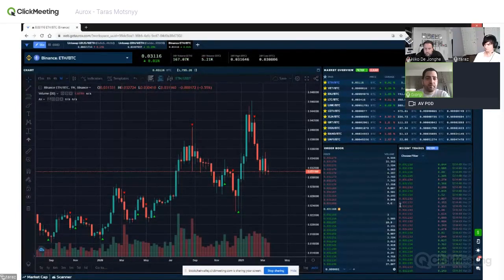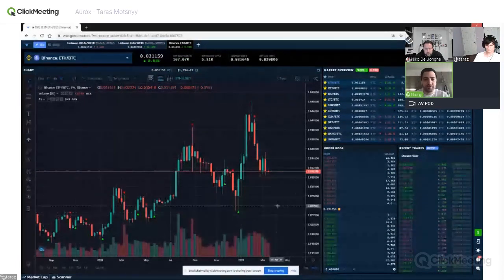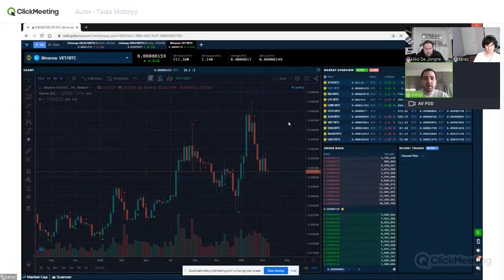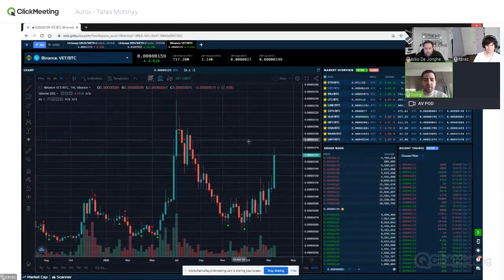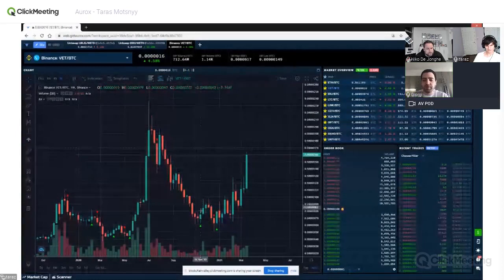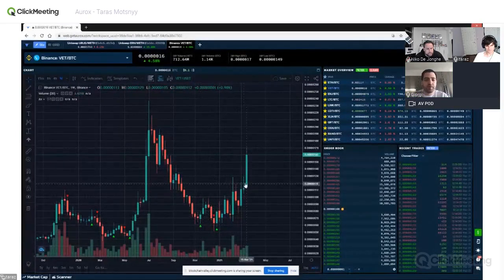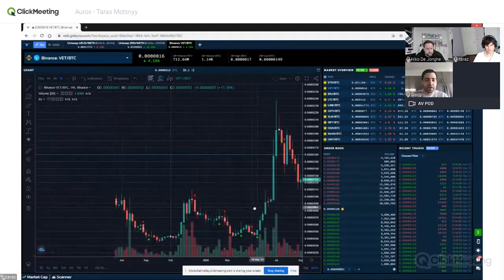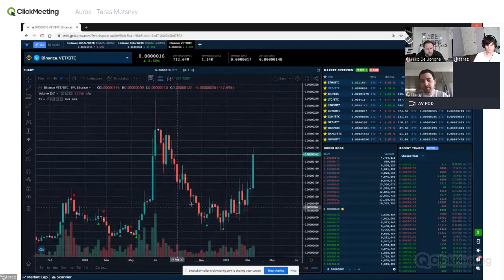Like we said, this terminal is free to use. You can use it however you want, but we're going to be integrating the token itself into the terminal. And one of the integrations is going to be through alerts and notifications. So this week, starting Monday, we're going to be integrating the token into the terminal where you'll be able to purchase the token.